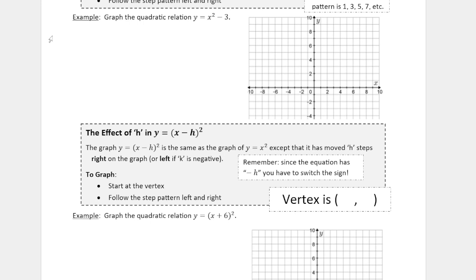So let's graph the quadratic relation y = x² - 3. This is going to move my graph down 3. Actually, let's do y = x² first, just to see the two. So y = x², as a reminder, has a vertex at (0, 0) and then has a step pattern of 1, 3, 5. So we go over 1 up 1, over 1 up 3, over 1 up 5.